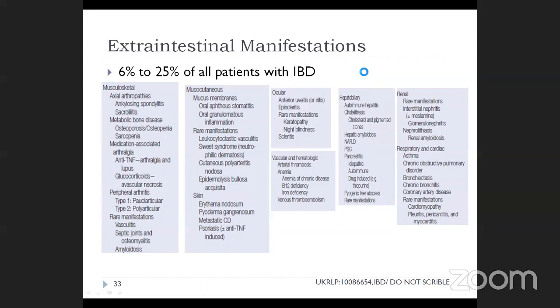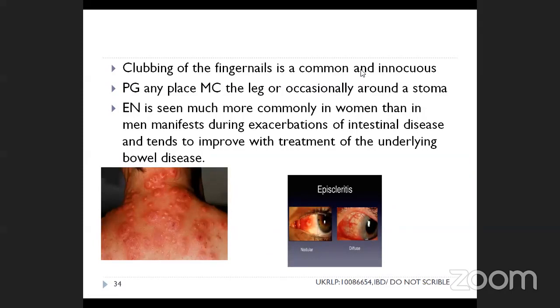So as I said, clubbing is the most common form of extraintestinal manifestation. Pyoderma gangrenosum can happen in any part of the body. It is more common in the leg, and it is more common around a stoma.